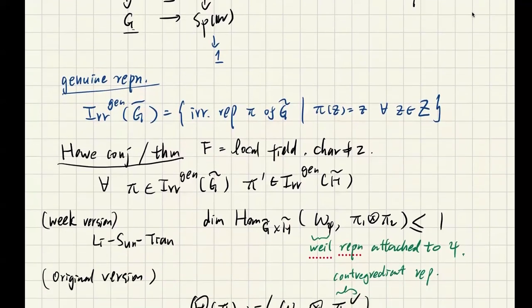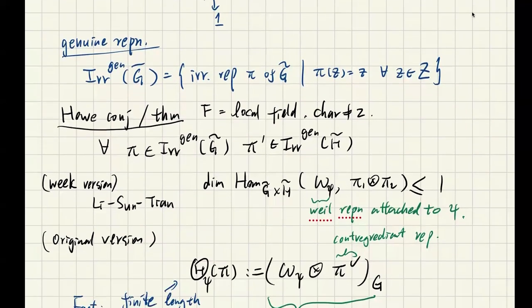And the point is that this Hom space has dimension at most 1. It turns out the proof of this one is not very difficult. You need some kind of Gelfand-Kazhdan argument. This is an 8-page Inventiones paper.